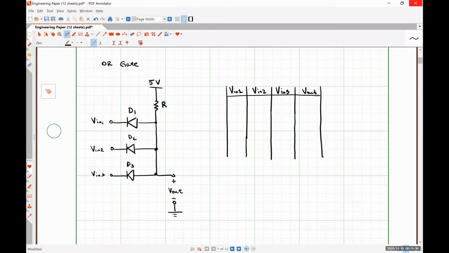So if Vn is less than, let's see, I'm trying to work my way through this here. So we have 5 volts here. If this guy is conducting, current flows through the resistor, and the voltage here is lower than 5 volts, right?